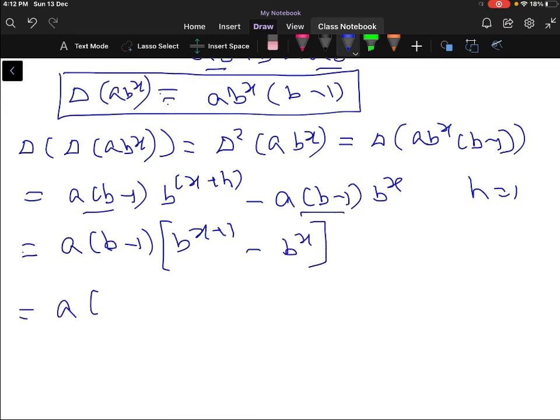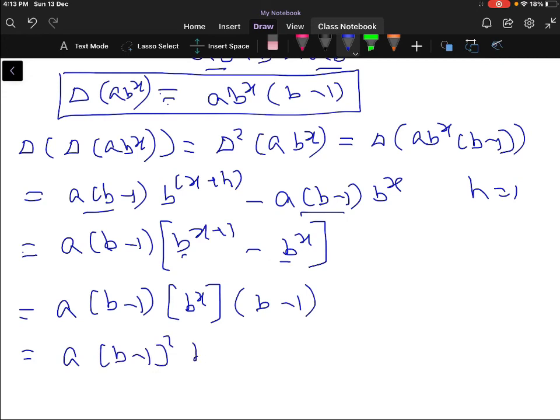So this is equal to a into b minus 1, and again b power x is common, remaining is b minus 1. So a into b minus 1 whole square into b power x. So this is the delta square of a into b power x when h is equal to 1.